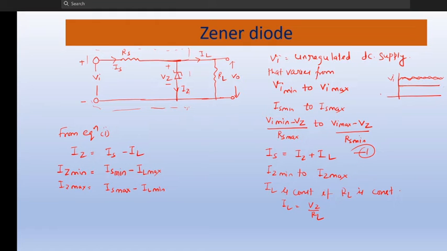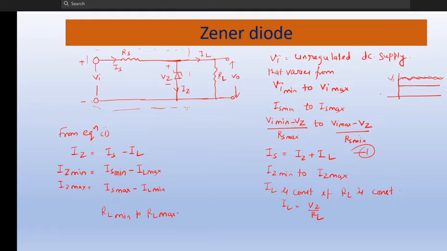Because RL is not in our control, RL can also vary from RL min to RL max, right? So now which parameter is left out? RS.